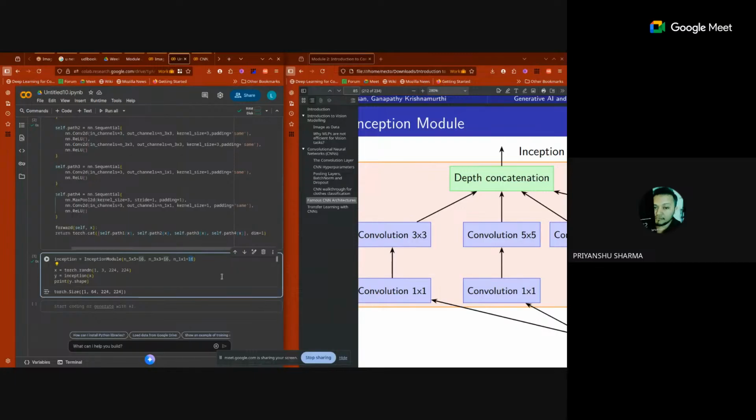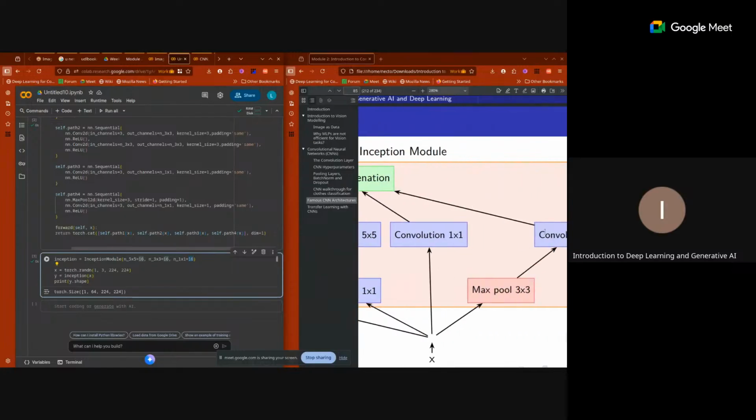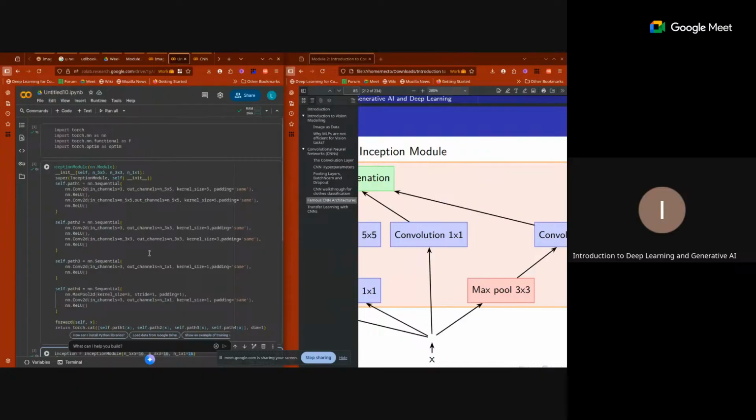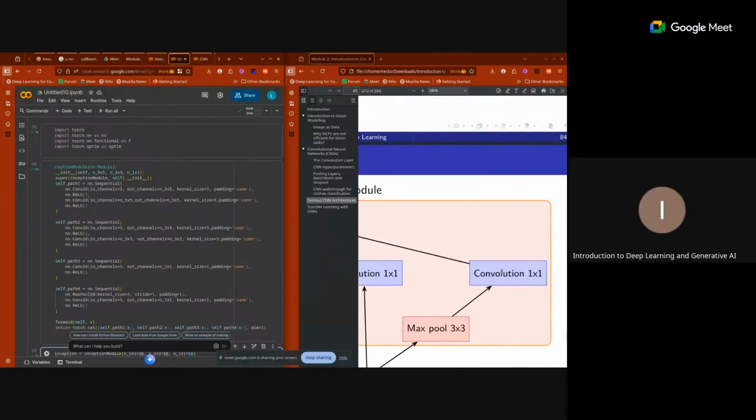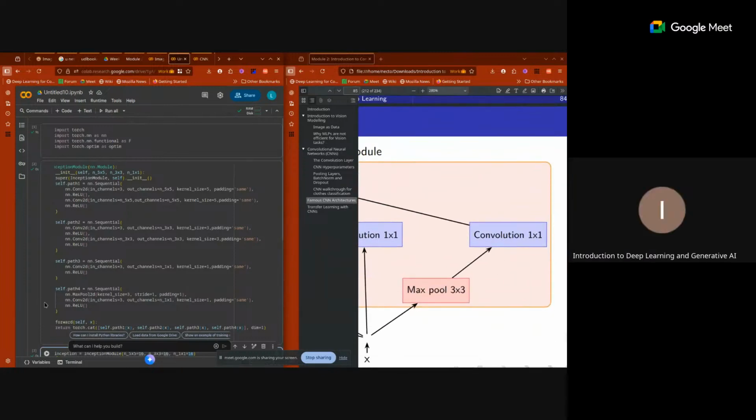I mean, do we have to create pooling for each convolution? No, no. Pooling is only there in this part. Here pooling is not there. Only in the 1 cross 1 part there is pooling. This part 4.